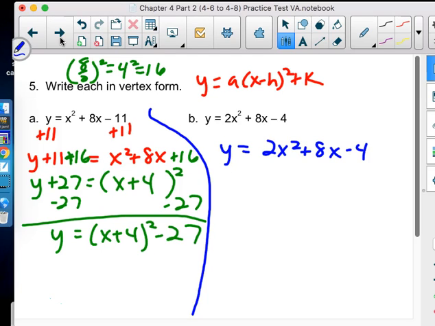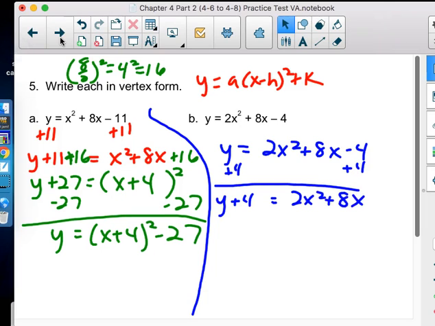Or we could move the -4 over now, and then divide by 2. The easier way is to actually add the 4 first, and then divide by 2, if you can remember that you have to divide by 2. It's going to save you some math. But we have to divide by 2. That's a biggie.